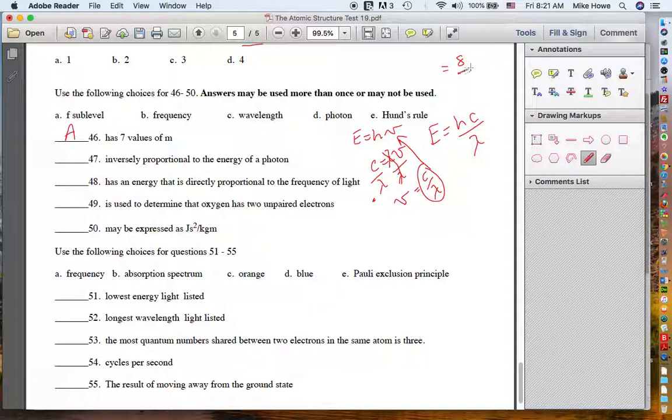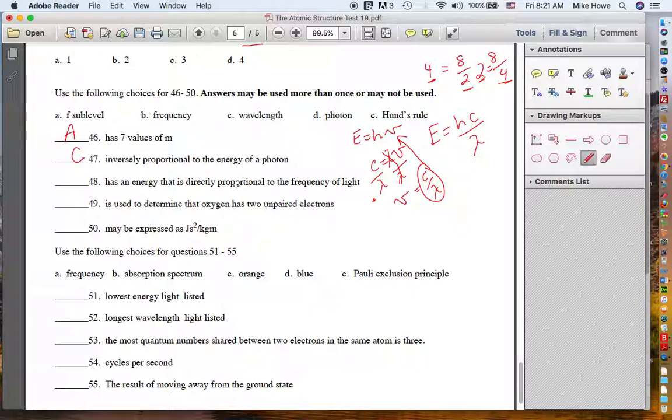All right, so if I made this 2, then this would have to be 4. But then if I had 8 and I made the bottom get bigger, that's 4. What's 8 divided by 4? 2. So you see how this number got bigger, this number got smaller. Inversely proportional. So the answer there is wavelength.